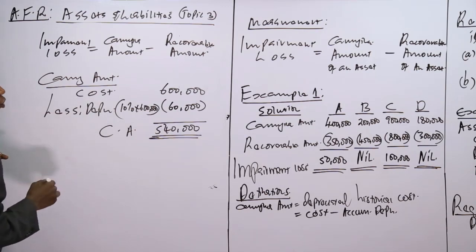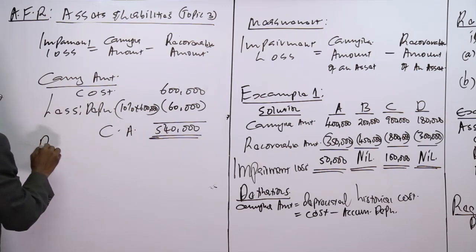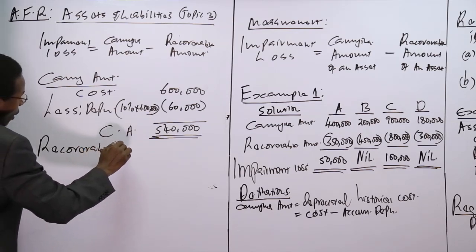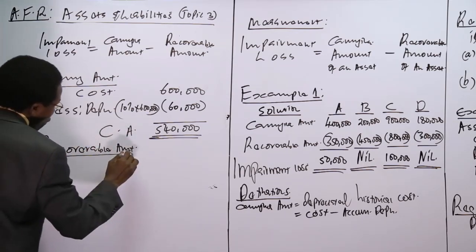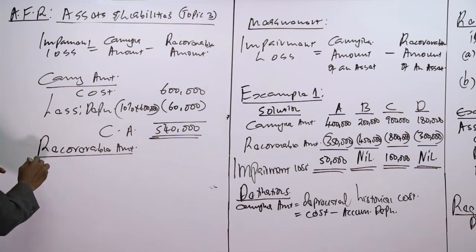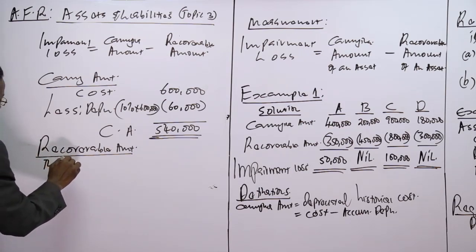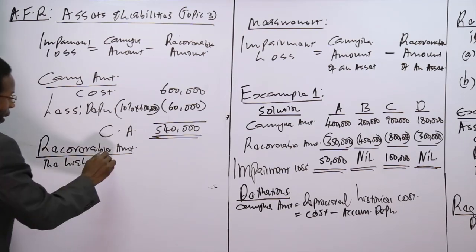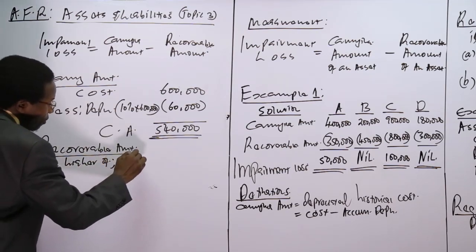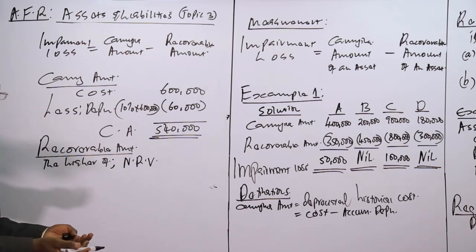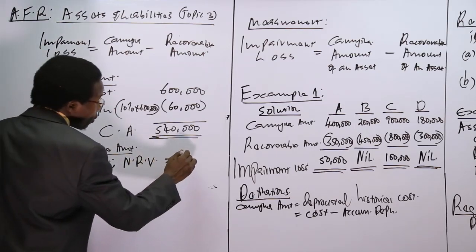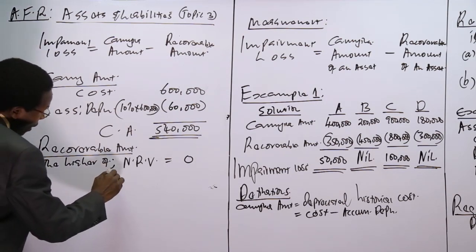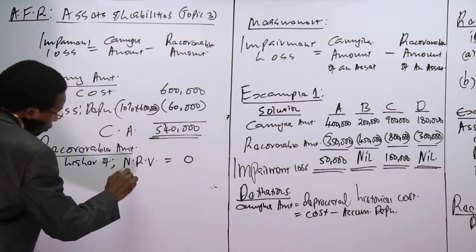Then we need to determine our recoverable amount, which should be the higher of the net realizable value, that's the market value less cost to sell, which we were not given, so it is nil, and the value in use.